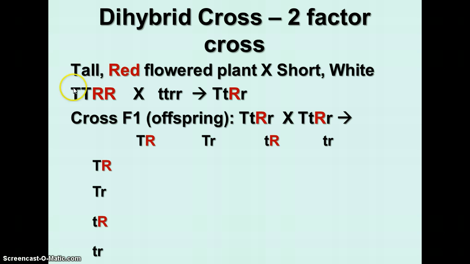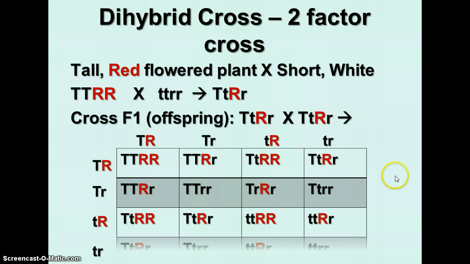You get the first letter of each pair, the outside letters, the inside letters, and the last letter of each pair. And so here we have the first, that's big T, big R, the outside, big T, little r, the inside, little t, big R, and the last, little t, little r. So we have both of those the same way for the parents.